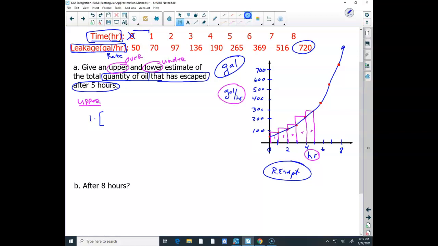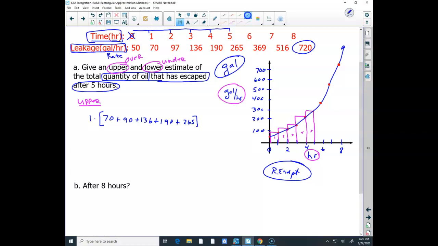So I got 1 rectangle, 2 rectangles, 3 rectangles, 4 rectangles, 5 rectangles. I'm using the right endpoint. So I'm going to say 70 plus 90 plus 136 plus 190 plus 265.